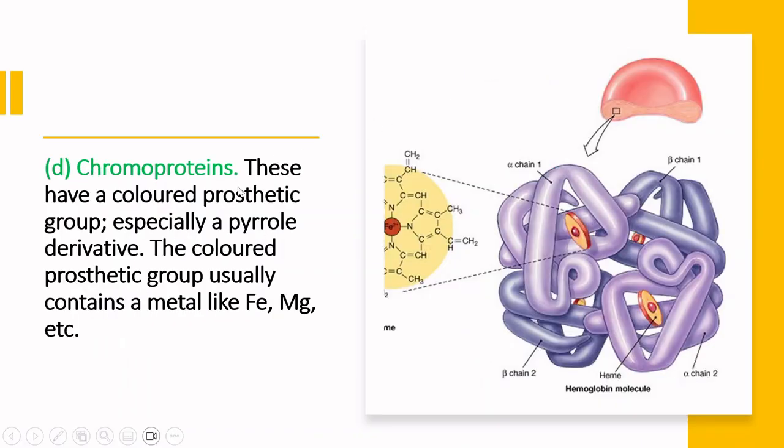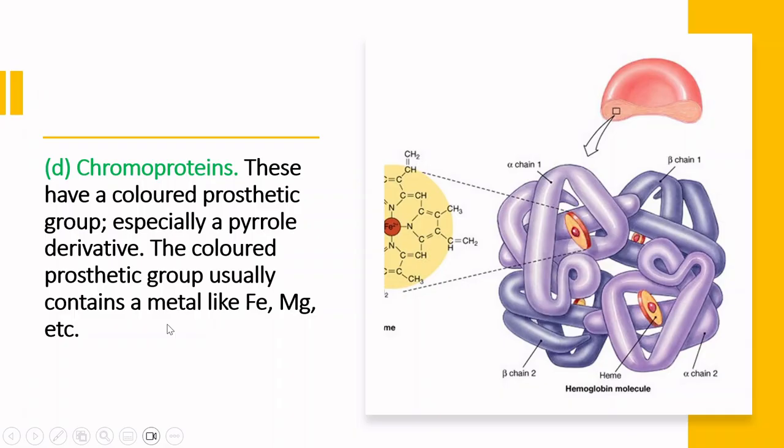The fourth conjugated protein is chromoprotein. These have colored, as the name indicates, colored prosthetic group, especially a pyrrole derivative. An example of chromoprotein is hemoglobin. So, in this prosthetic group, in addition to pyrrole derivative, there will be metals.